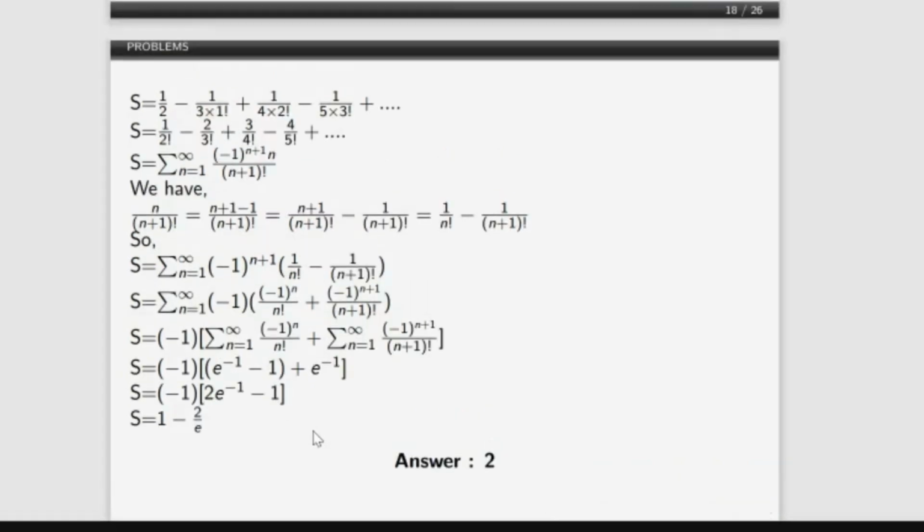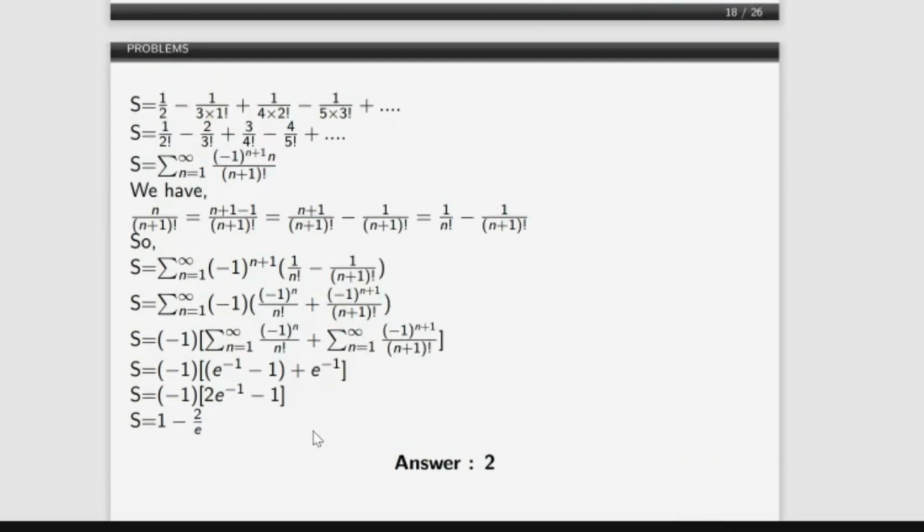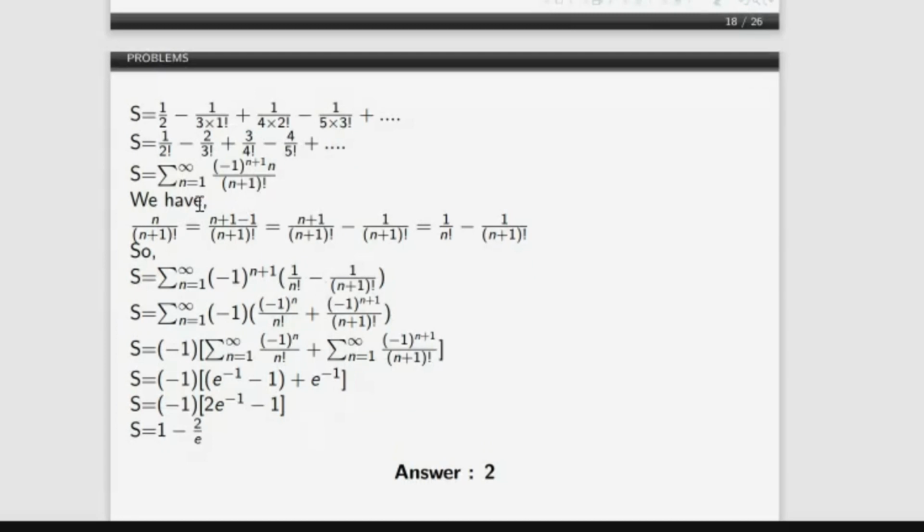So we'll see how the series is reaching that sum value. So S, as the question has given, is 1 by 2 minus 1 by 3 into 1 factorial. When we observe the term, it is almost like n plus 1 into (n minus 1) factorial, so there is an n missing there. So for each term, I am going to multiply that n in numerator and denominator.